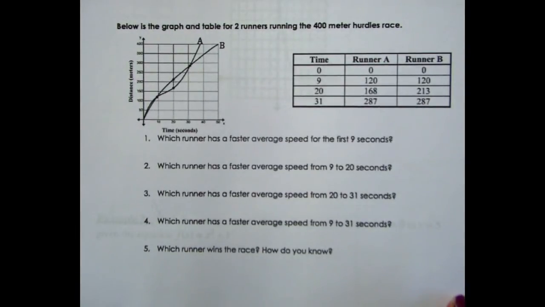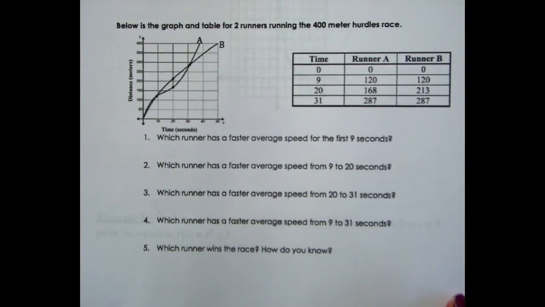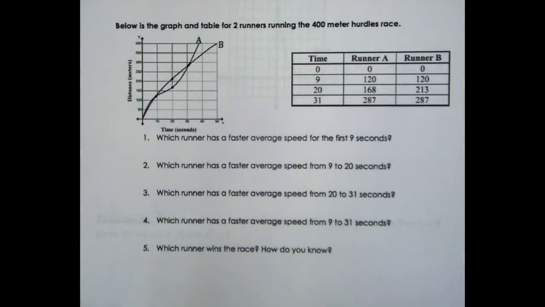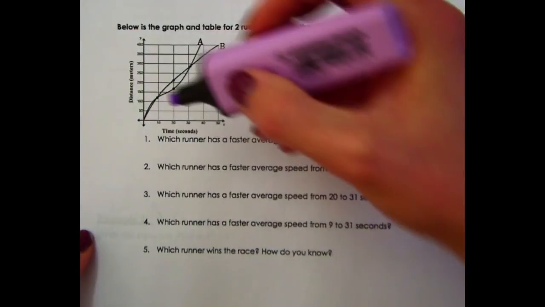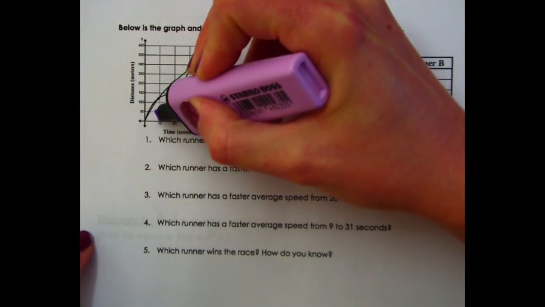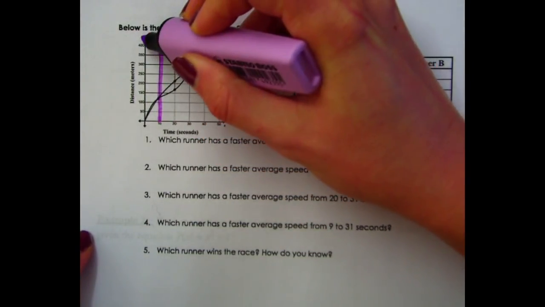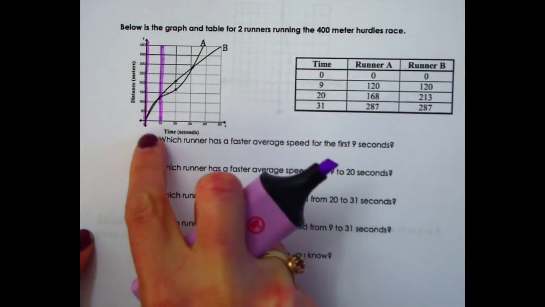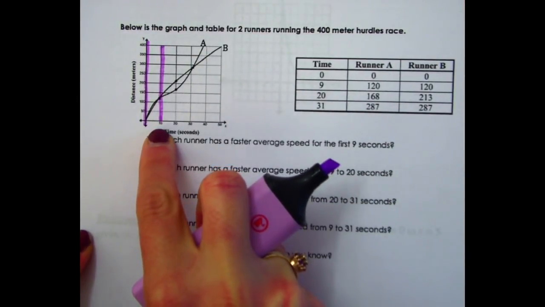The first question asks which runner has a faster average speed for the first 9 seconds of the race. Looking at my function, the first 9 seconds is the interval of the graph between 0 seconds and 9 seconds.